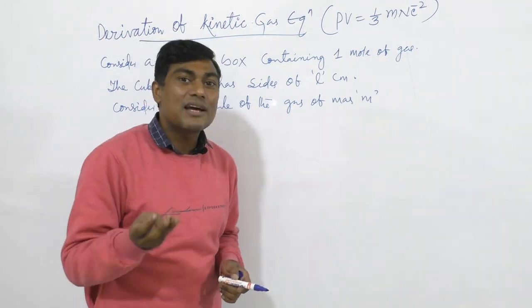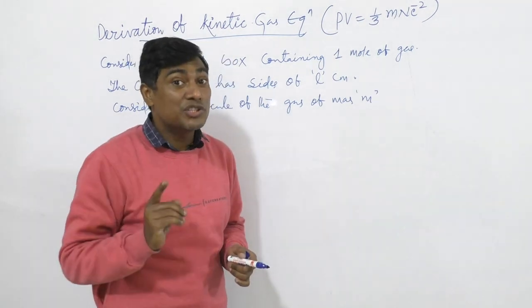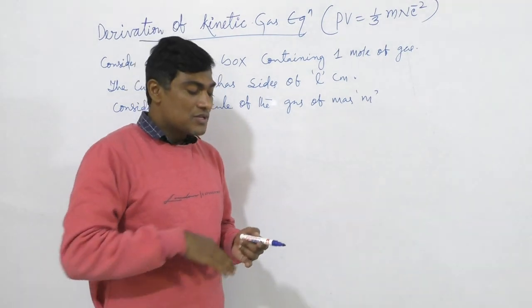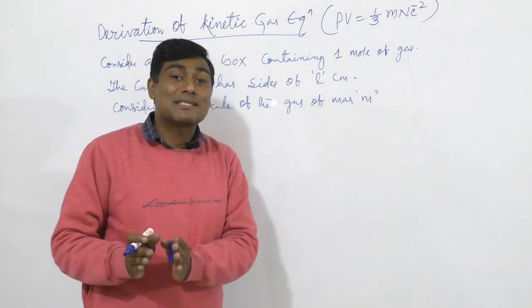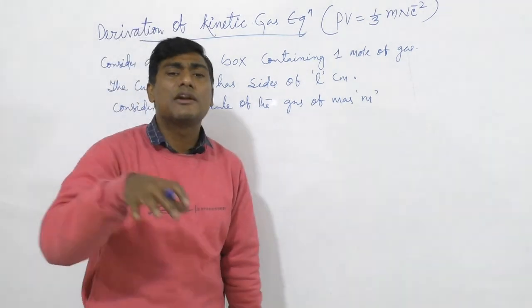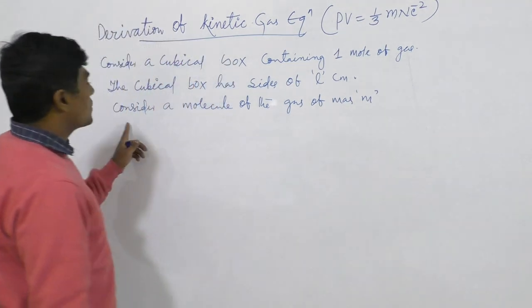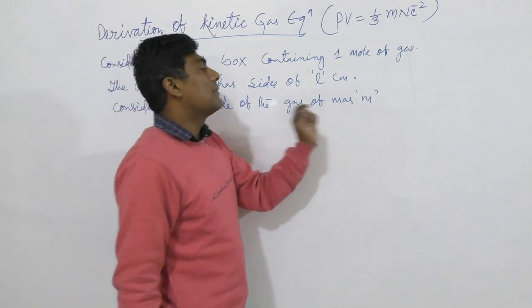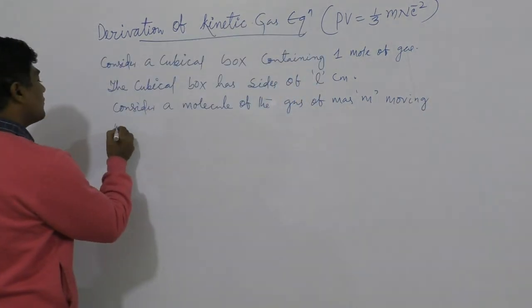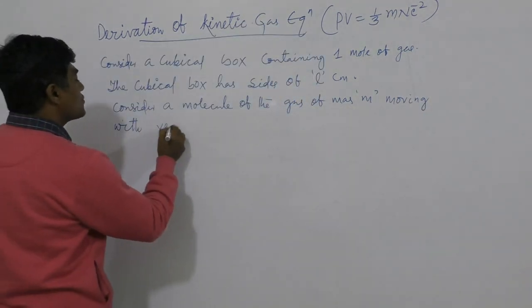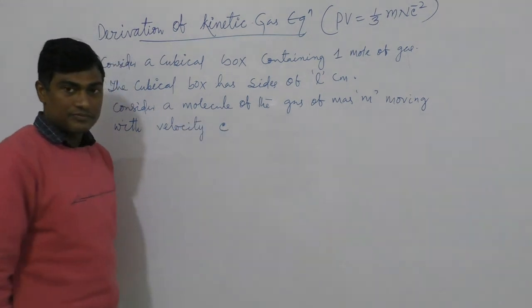Its shape, size, volume, mass is all identical if we are considering the same gas. So whatever molecule you choose will have that same mass m. Say we are considering hydrogen. Any hydrogen molecule has the same mass. So consider a molecule of the gas of mass m moving with velocity c.